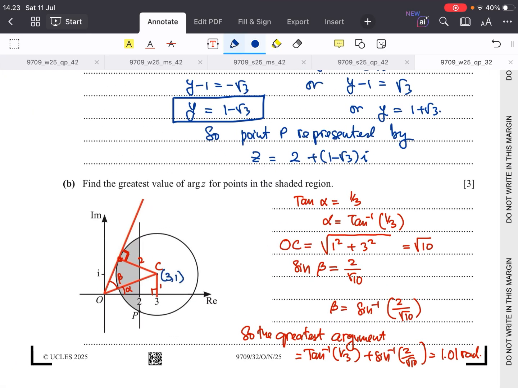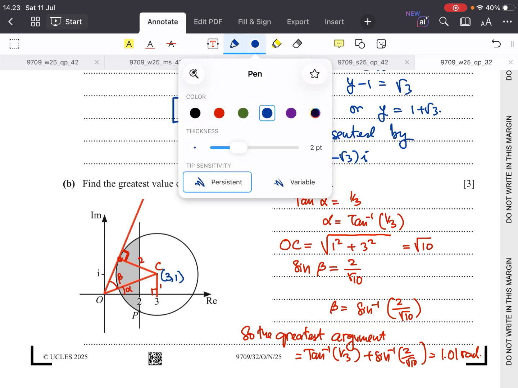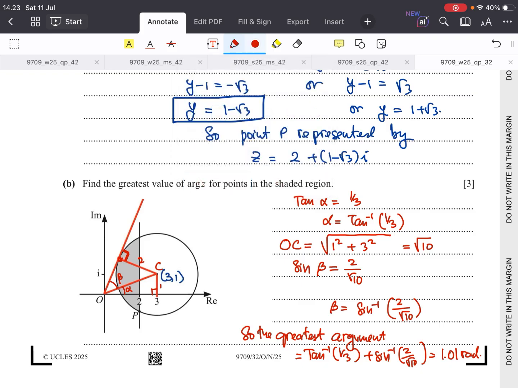B. Find the greatest value of argument z for points in the shaded region. Greatest argument of z means a point that has the greatest angle from the positive x-axis.